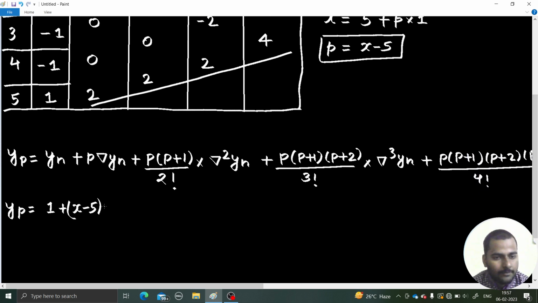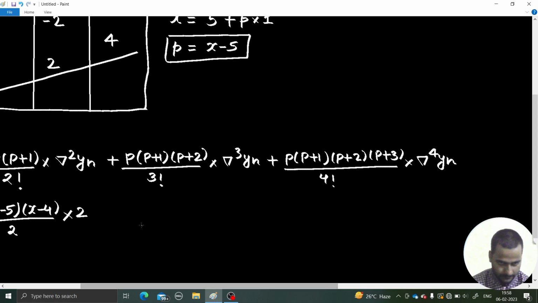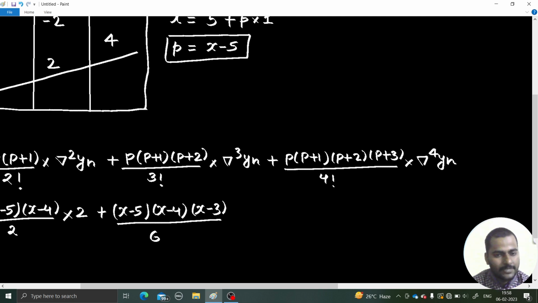So this multiplied by 2 plus x minus 5, and x minus 5 plus 1 will give you x minus 4, divided by 2 factorial, which is 2, and second difference is also 2. x minus 5, if you add 1 you will get x minus 4, if you add 2 you will get x minus 3. 3 factorial is nothing but 6, and the third difference is 2.